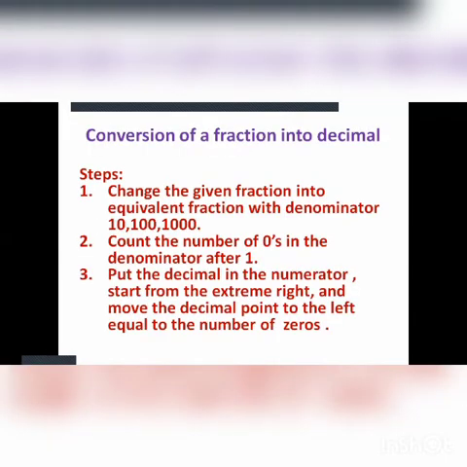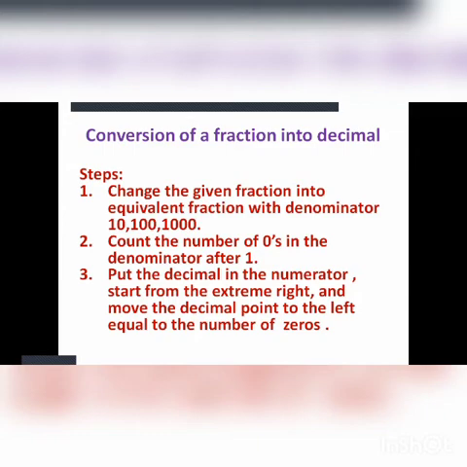Next is conversion of a fraction into decimal. To change a fraction into decimal, we follow these steps. First, change the given fraction into an equivalent fraction with denominator 10, 100 or 1000.